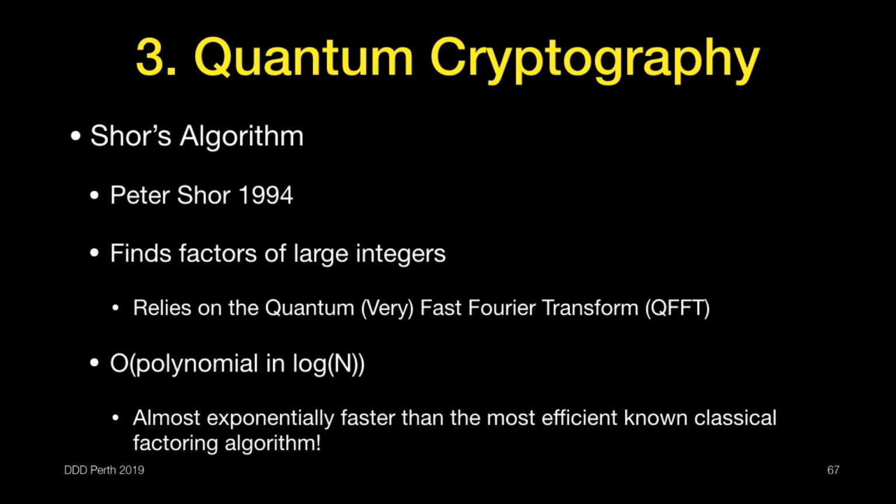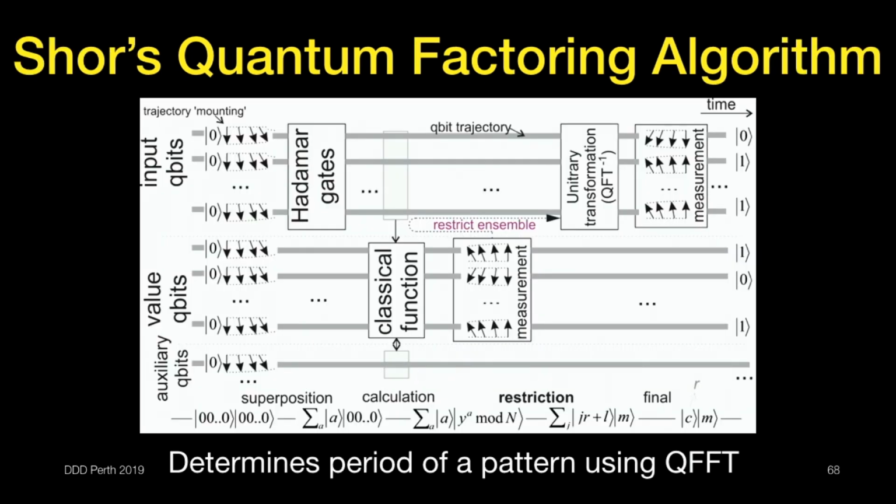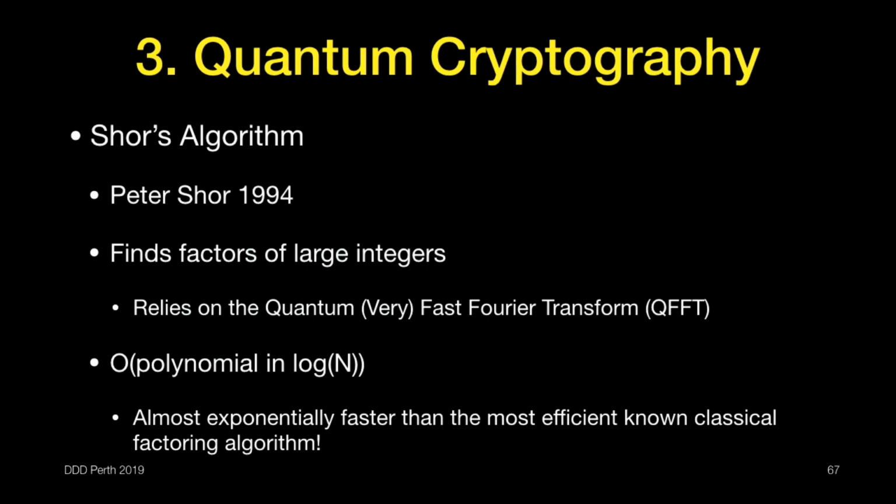The bad news is in 1994, Peter Shor wrote an algorithm for factoring large integers. It used something called a quantum fast Fourier transform. It basically looks for periods of repetition in numbers. He said that you could use this algorithm to factor a large integer in polynomial log of n time, which is a lot less than we currently can do.